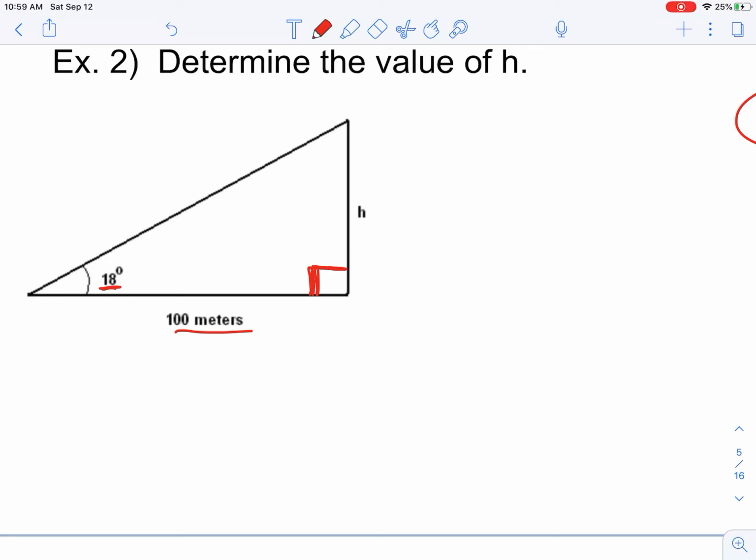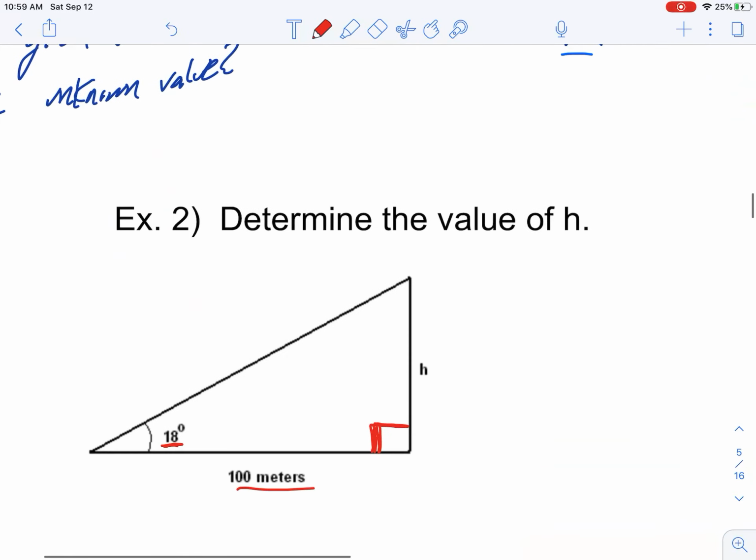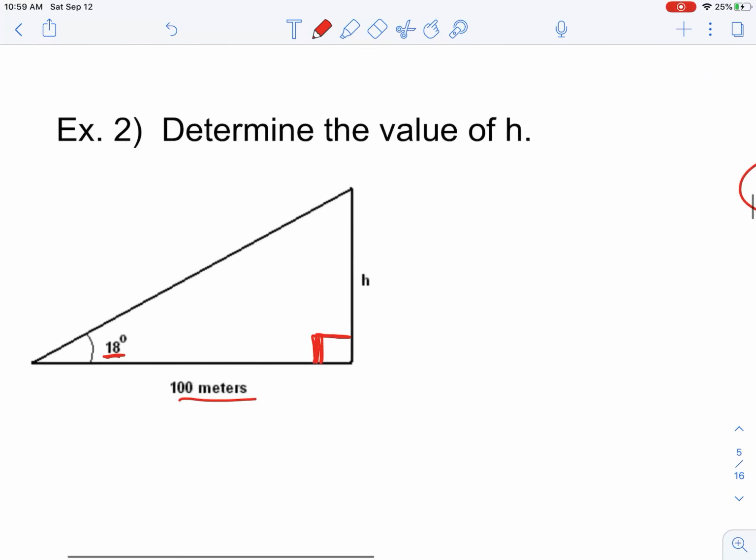So ask yourself, what relates the angle we're given to the length we're given and the thing we're trying to find? Remember, we will have 3 options, but in this case, find your hypotenuse always. So our hypotenuse is across from the 90-degree. So we've labeled our hypotenuse because remember, a hypotenuse can never be adjacent.